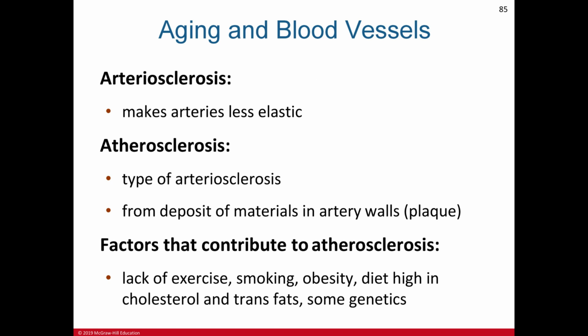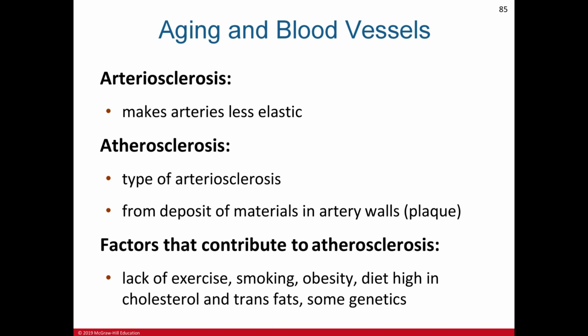So during aging, there might be a lot of diseases that can arise that originate from the circulatory system. First is arteriosclerosis, which makes the artery less elastic. An example of arteriosclerosis is atherosclerosis, which forms a deposit of material in the artery wall, which is mostly made up of cholesterol and calcium, and it forms a plaque.